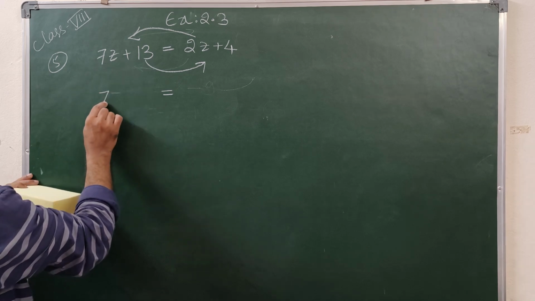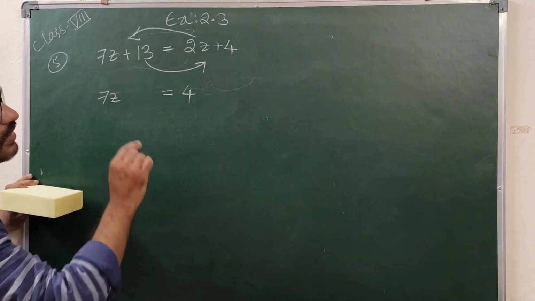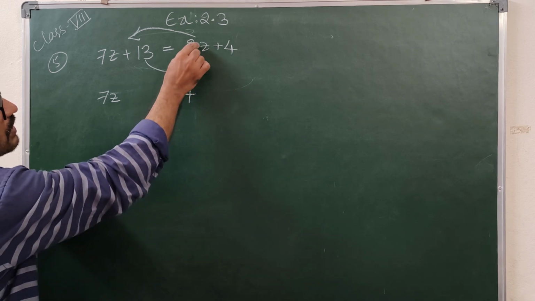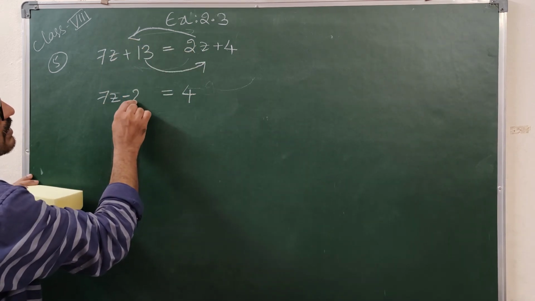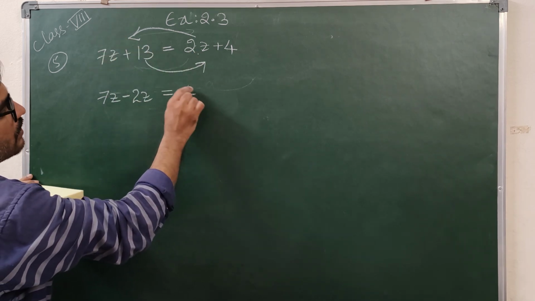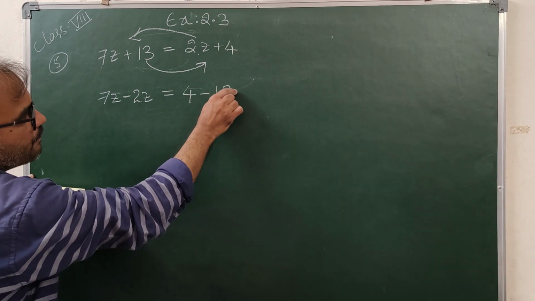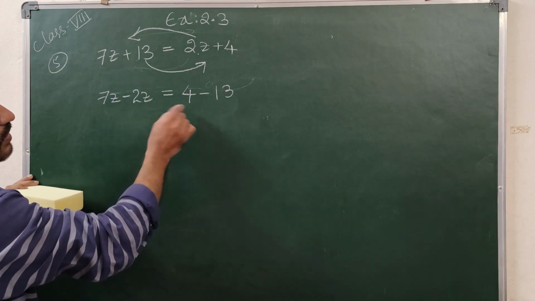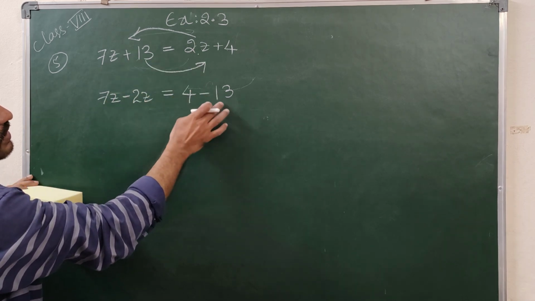So write 7z as it is, 4 as it is. We are not changing their places, right? Now 2z from right to left, plus 2z will become minus 2z on the left side. Now plus 13 on the left side will become minus 13 on the right side, right? So the operation will change. If you observe, 2z became minus 2z, plus 13 became minus 13.